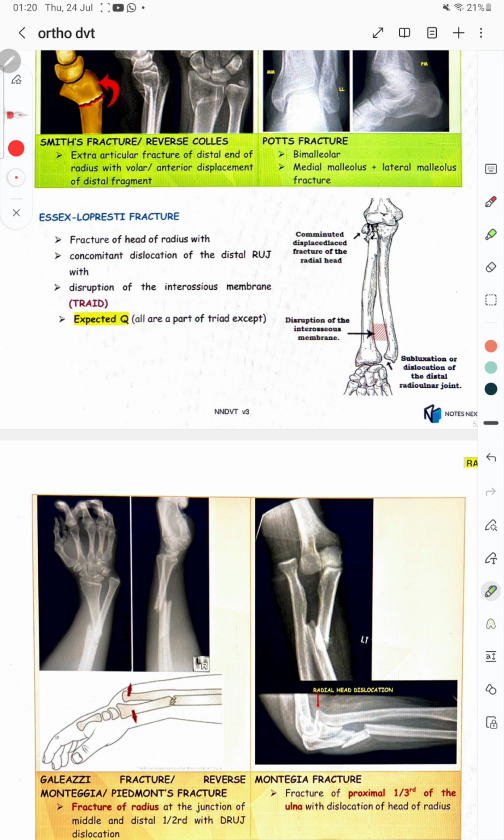The expected question is this: all are a part of the triad except. So what are the parts? Disruption of the interosseous membrane, comminuted displaced fracture of the radial head, and subluxation or dislocation of the distal radioulnar joint.